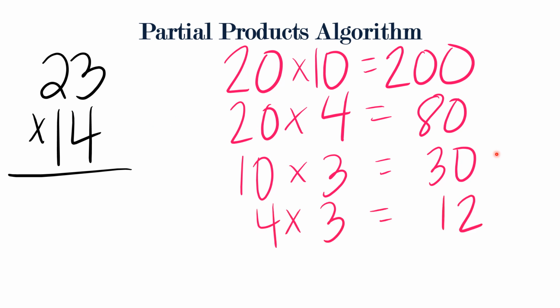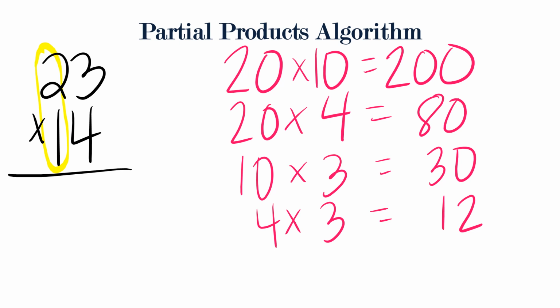Then the last thing we haven't done yet: we've already done 1 times 2, we've done 1 times 3, we've done 4 times 2. So now we have to do 4 times 3, which is 12. So what we did is we started with 2 times 10. So we started here.